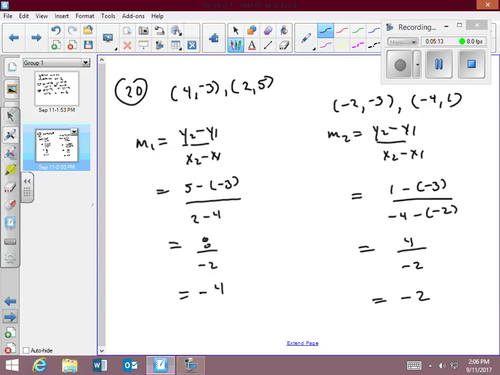So if I did my math right, are they parallel? No, because their slopes are not the same, right? I'm pretty sure I put my numbers in right.